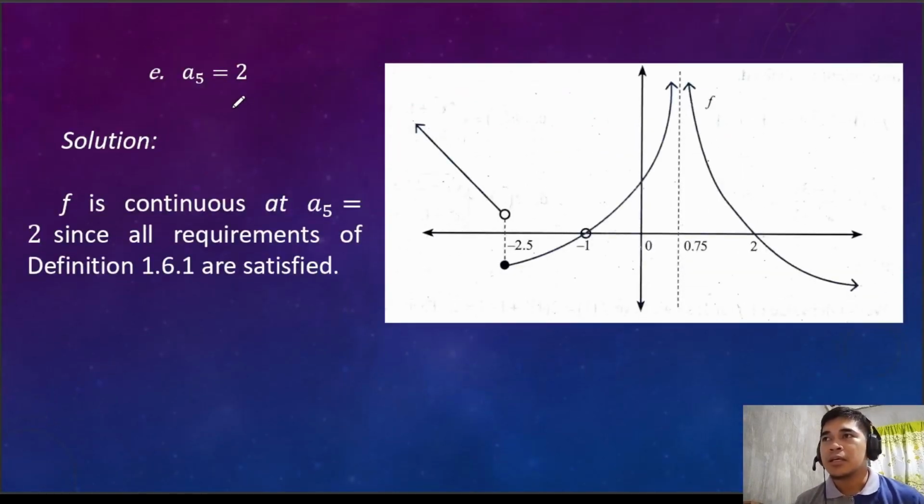Next, A sub 5 equals 2 here. See? So, pag ititrace mo using pen from here, padong diha or padong ubos padong ibabaw, pwede nimo matrace without lifting your pen. Automatic, this is what we call continuous at A sub 5 equals 2.